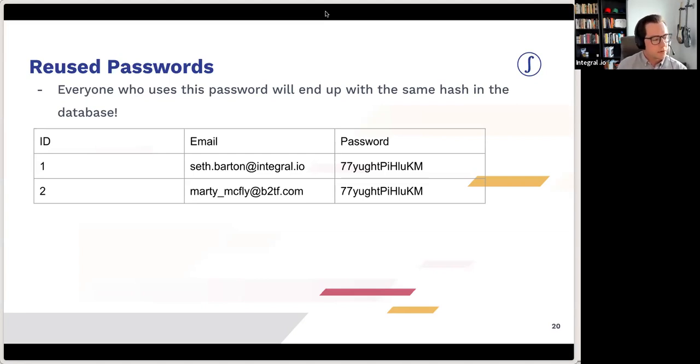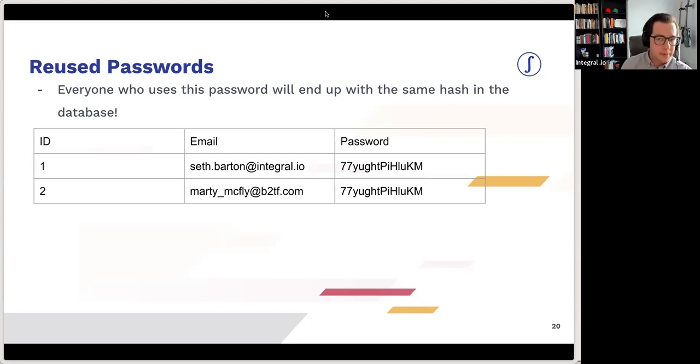If he's able to find two hashes that are the same, because hash algorithms are deterministic, that means that one of two things happened, one of them being much more likely. These two users used the same password, or they magically had a hash collision when they created their passwords, which is very unlikely. So they used the same password, and now he can crack two passwords at the same time.